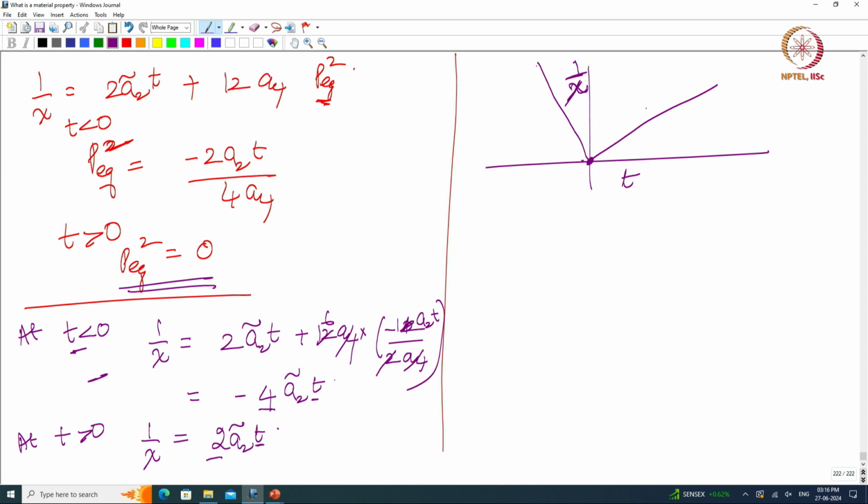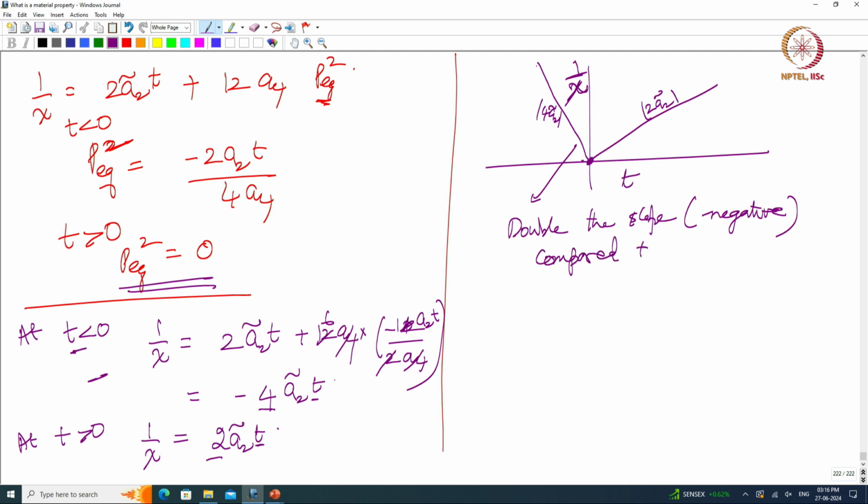So, 2a2 tilde is the slope here, and there the slope is 4a2 tilde. So, this has double the slope, albeit negative. At t less than 0 I have double the slope compared to at t greater than 0, okay.